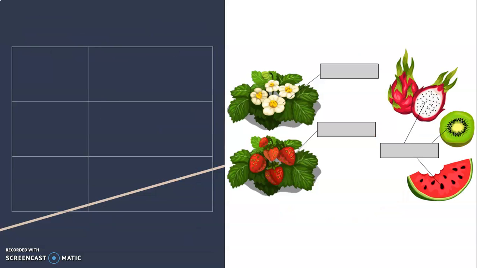So let's look at different types of plants and different parts of the plant here. So here we see there are flowers, and you're very familiar with seeing plants with flowers. Next, you have fruit like strawberries and oranges, limes.